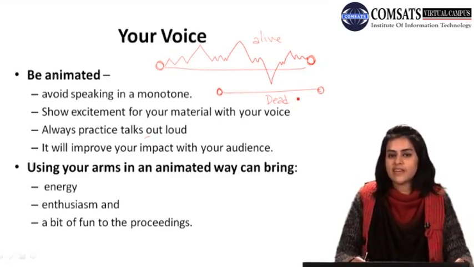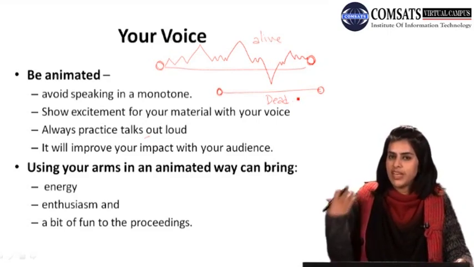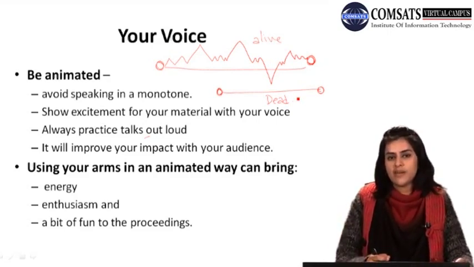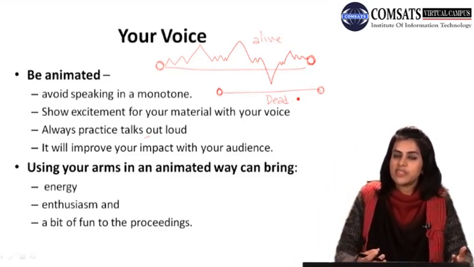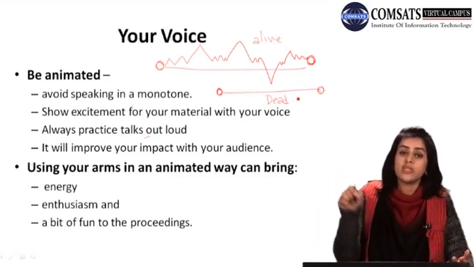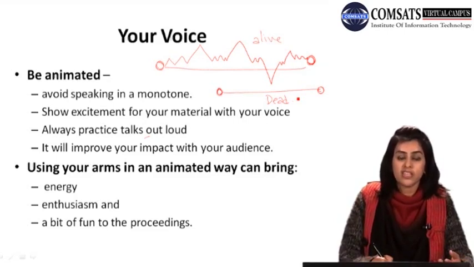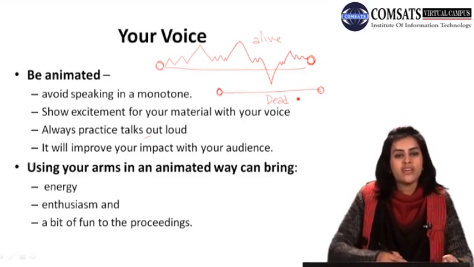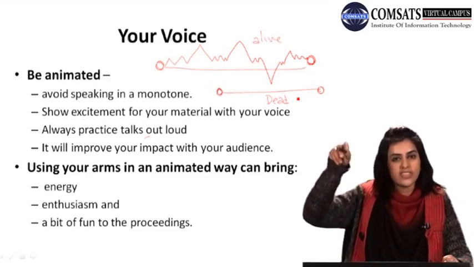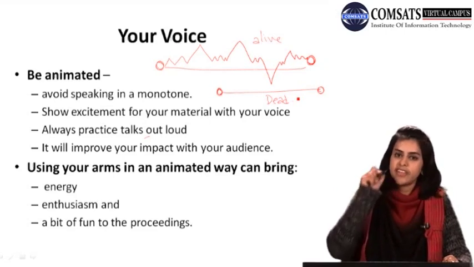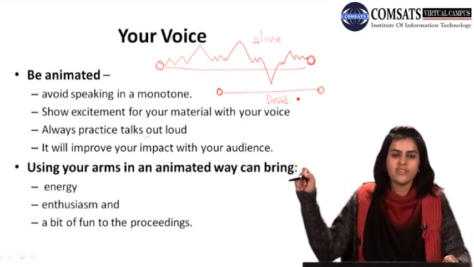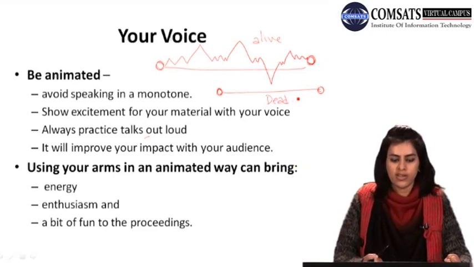Have you ever seen that machine in hospitals where they measure the breath of a patient? If the lines are moving up and down, it means that the person is alive, and if the line is straight, it means the person has died. So if your voice has these ups and downs, it has animation, and it will look alive to your audience. If it is straight and monotone, it will look dead to your audience.